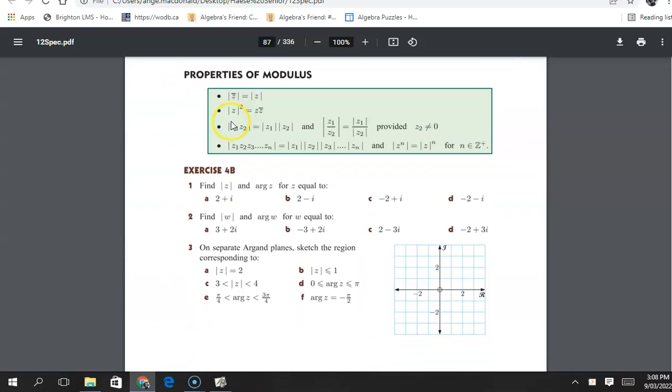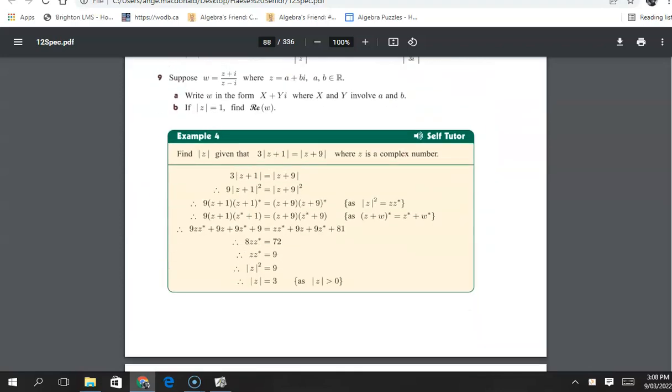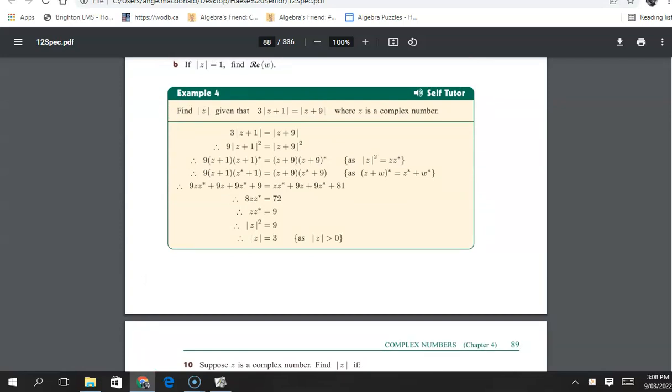Our modulus squared equals, Eden, that's one you just proved, the complex number z times its conjugate. So we're going to say this will be z plus 1 times the conjugate of z plus 1, because we're using that property.